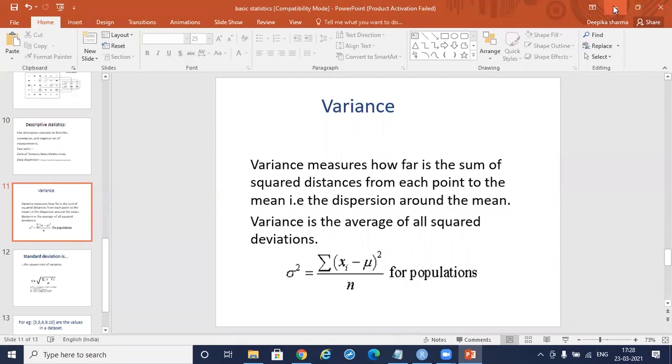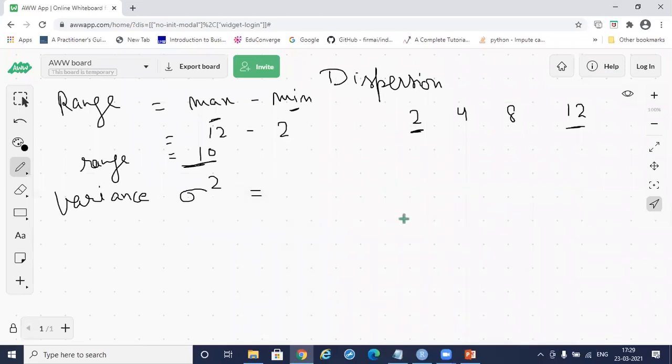Find the difference between the point and the mean, square it, and divide by the total number of counts.